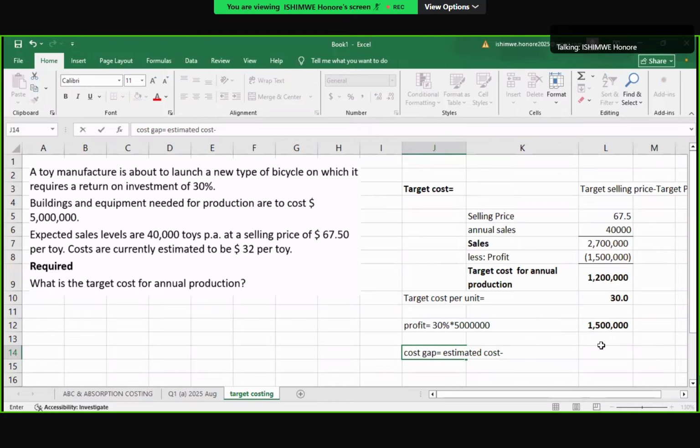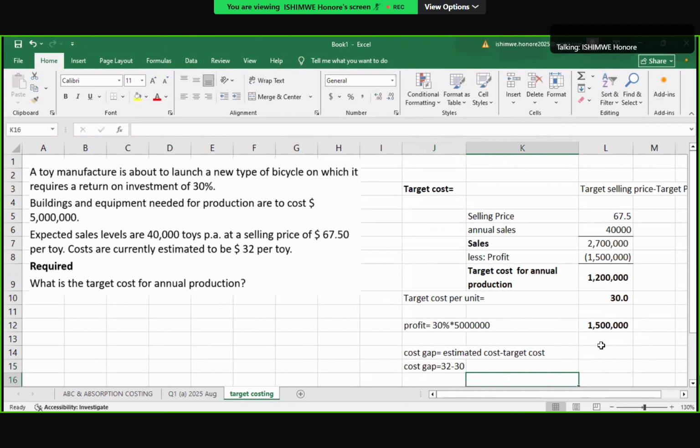Then you compare it with your target cost, and the gap is the estimated cost minus the target cost. So the cost gap here is the estimated cost of 32, as they told us, minus our target cost of 30. So a gap of 2 dollars, in USD, per toy.